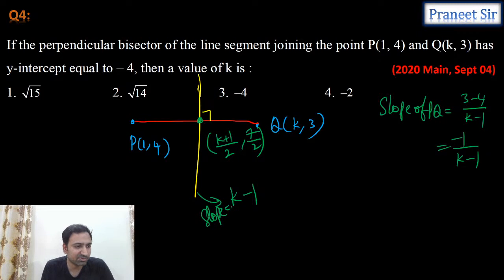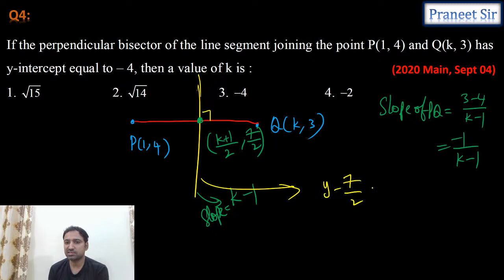Slope is equal to k minus 1. Now can I calculate the equation of this line? Equation of this line is y minus y1 is equal to slope m into x minus x1, that means x minus (k plus 1) by 2.